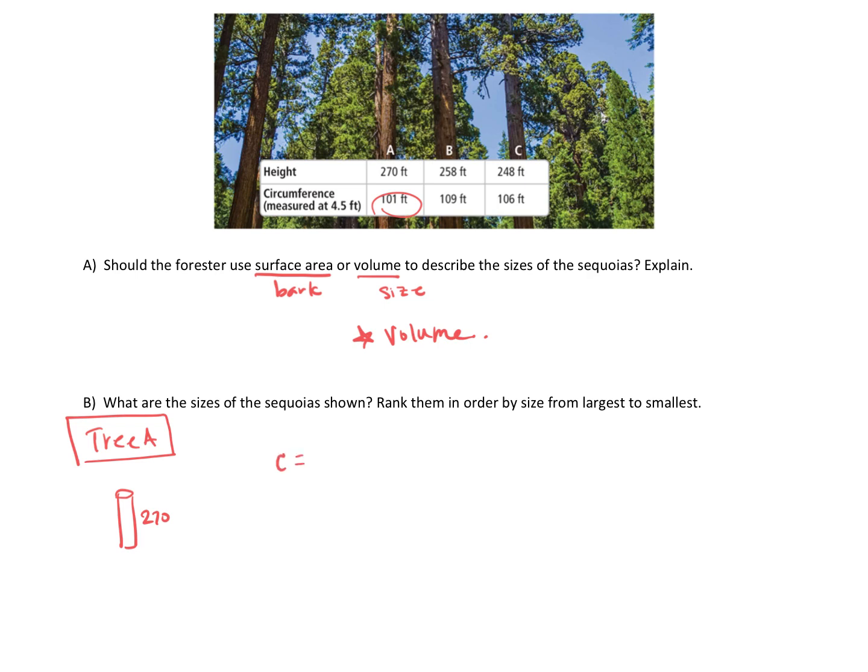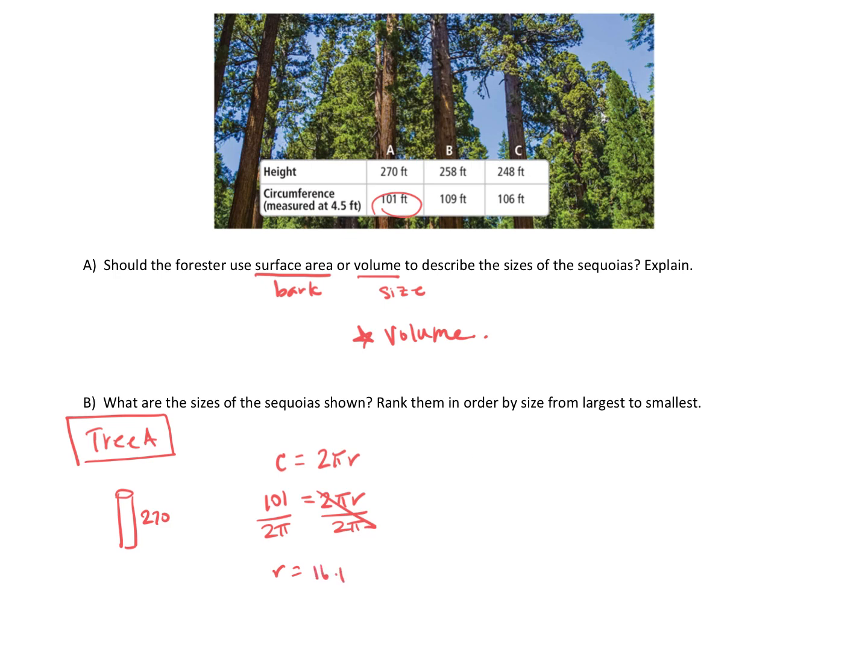So circumference is equal to 2 pi times the radius. If we know the circumference is 101, we're going to replace the circumference with 101 equals 2 pi times the radius. And then to get the radius, we'll just do a little bit of math. Let's divide by 2 pi. So when we divide by 2 pi, our radius is equal to 16.1.